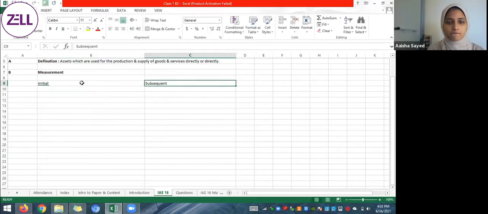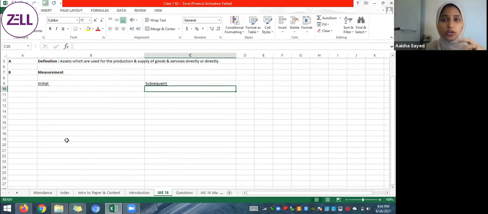For many items in IFRS, and at least for anything which is a balance sheet item, you'll always learn the initial and subsequent measurement. Initial means on day one, when you identify it, when you recognize it and bring it into the books, what is its measurement on day one. And subsequent is what its measurement is at year end, because the balance sheet is not made for day one.